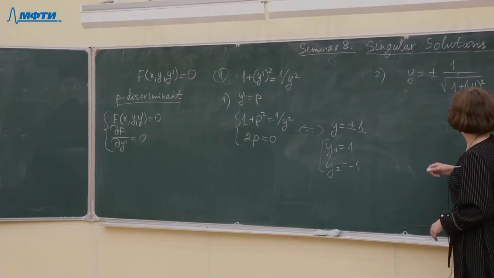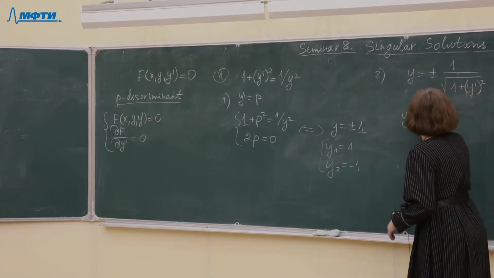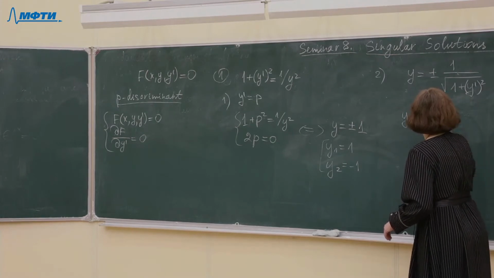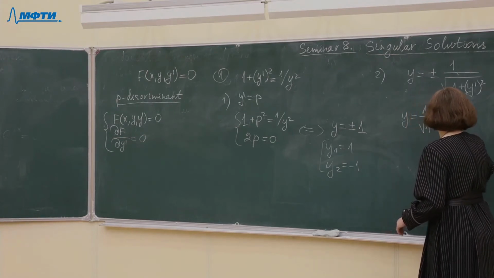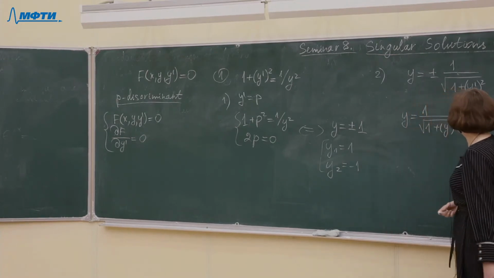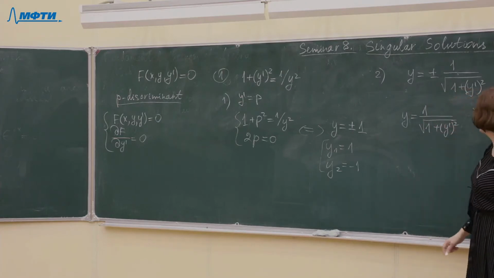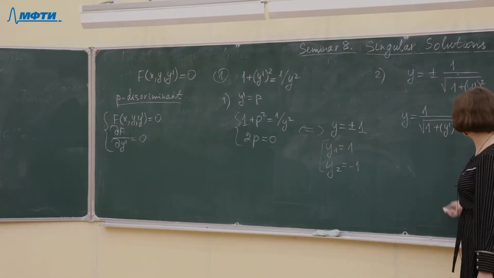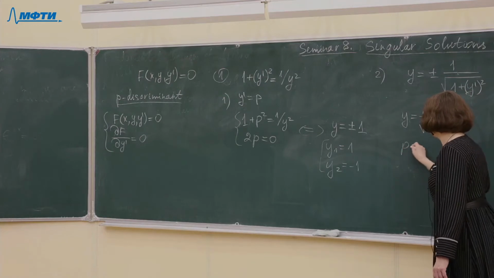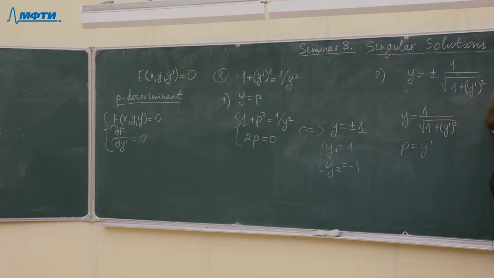So for y equals 1 over root 1 plus y prime squared, to find the general solution of this differential equation, I introduce the parameter p equals y prime and rewrite my equation as 1 over root 1 plus p squared.